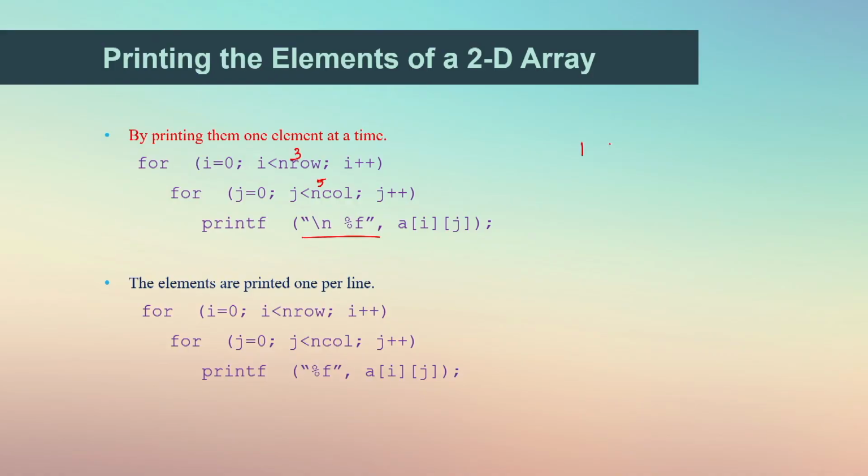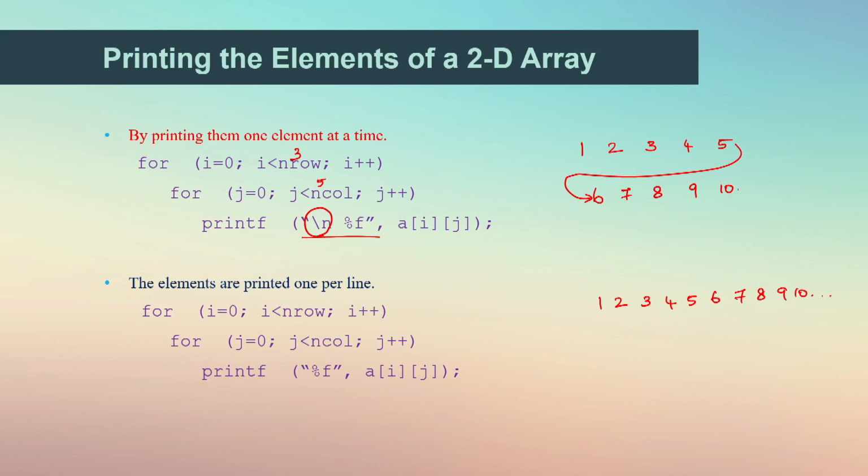So, the first row will be filled with 5 column values, and we are now giving a new line for displaying the second row values. So, like this. In case you want to give a new line, you can make use of the \n symbol, or otherwise in the second type, the display continues without giving a new line like this.